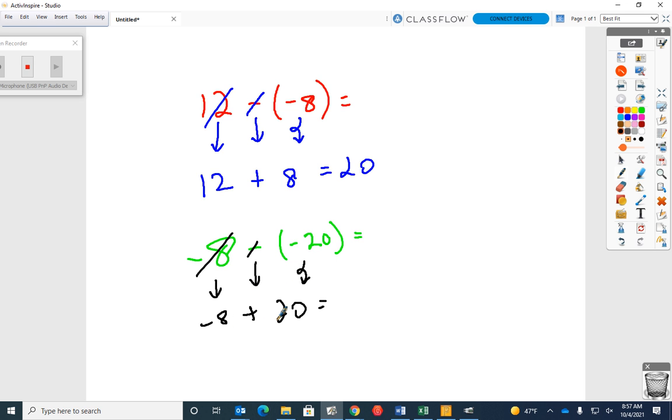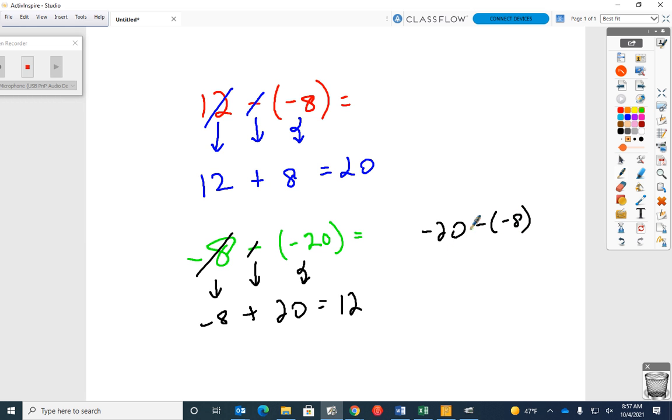Negative 8 plus 20. If I owe 8 and I have 20, do I still owe money? No. Do I have any money left? How much do I have left? $12. And this 12 will be positive because of the value. Does that make sense? And when it would be negative is when the value would make it negative. For example, if I had negative 20 minus negative 8. Same kind of problem.